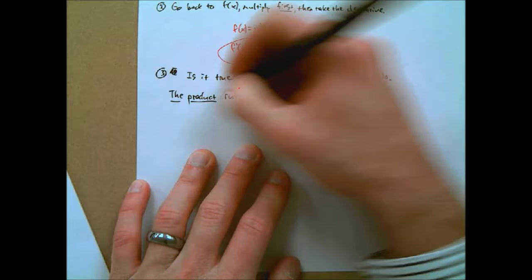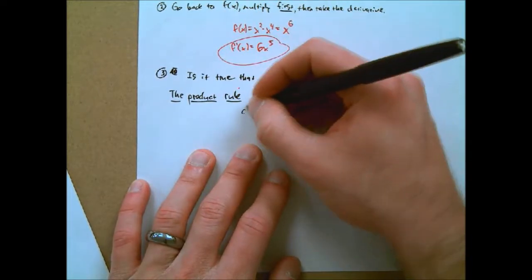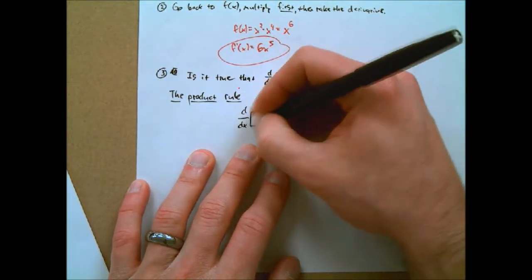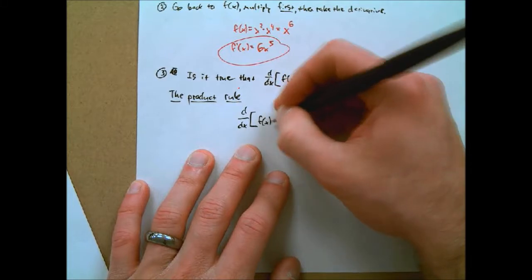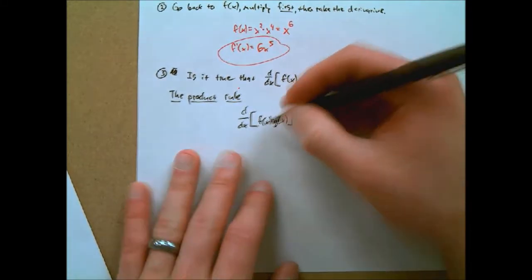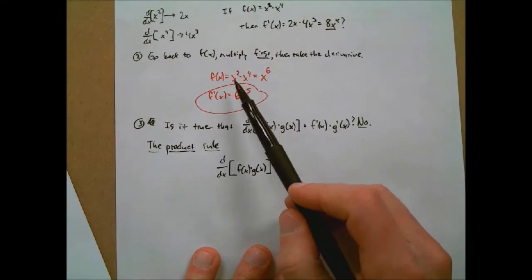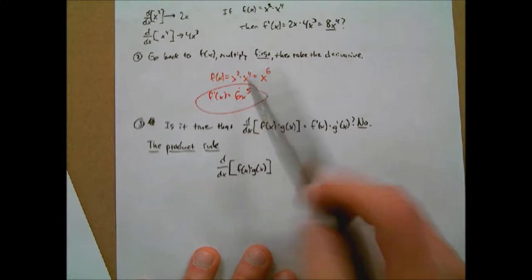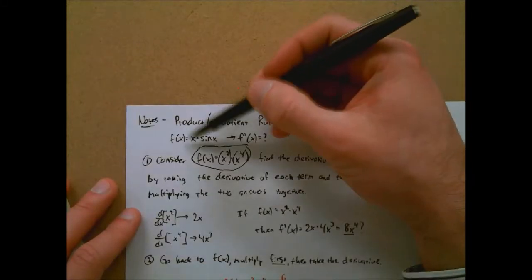Okay, so the derivative with respect to x of two functions, f of x times g of x. You can see the multiplication right there. It's f times g. In the first case, f would be x squared, and g would be x to the fourth. Or in the very early question here, x would be the f of x, and sine would be the g of x.